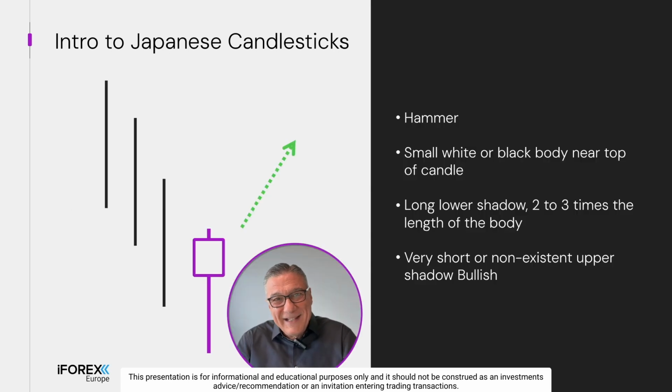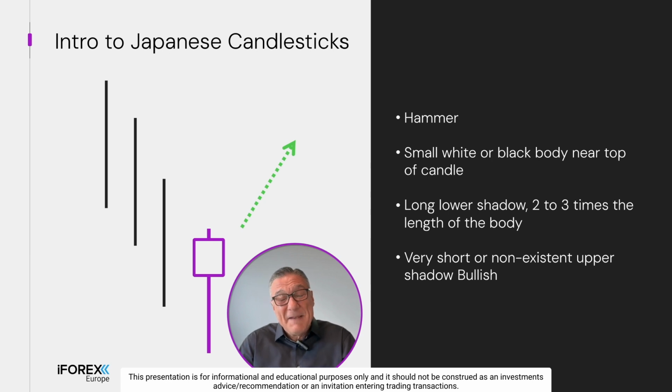The first candlestick pattern that we are going to learn is the hammer. The hammer is found at the end of a downtrend, at the end of a clear decline, right? And it consists of a small body. The color of the body doesn't matter. It might be either black or white, filled or empty, right?